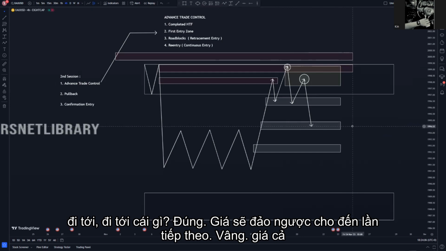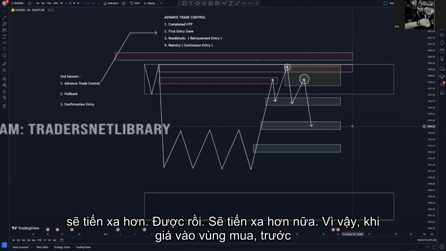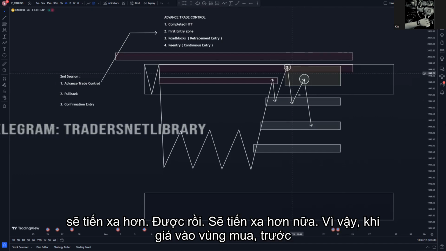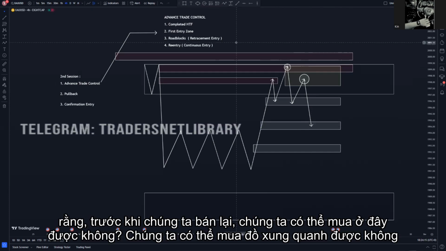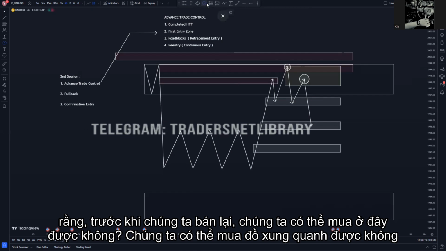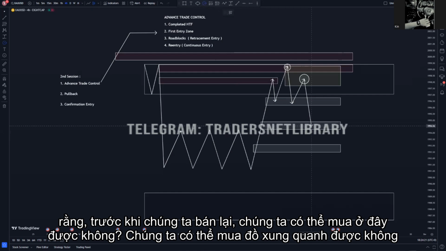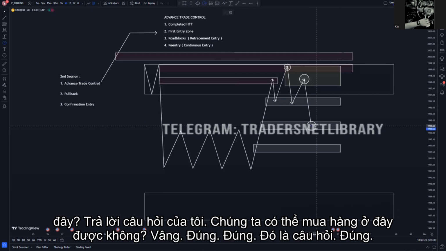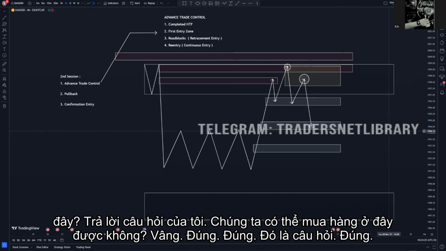Yes, the price is going to reverse until the next zone. The price is going to go further. So when the price gets into the buy zone, before we take the sell again, can we take the buy around here? Answer my question. Can we take a buy over here?